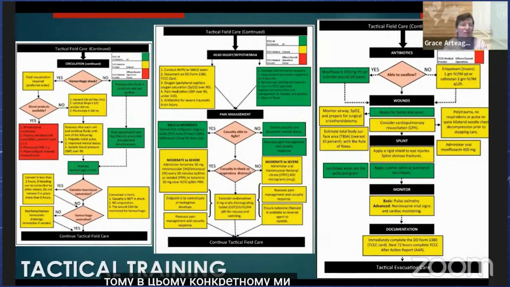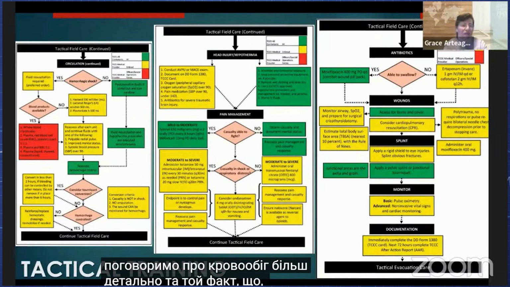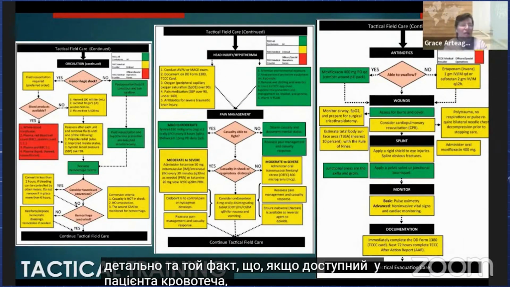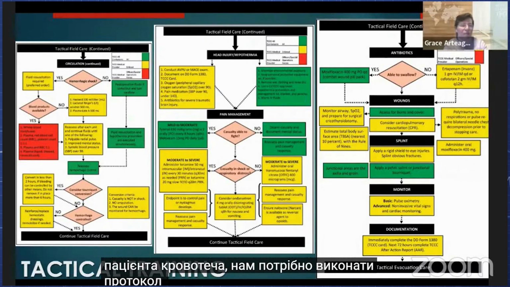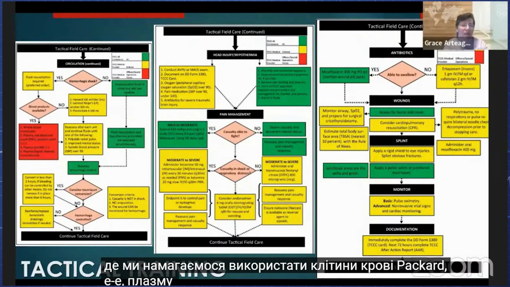So in this particular one, we just talk about the circulation in more detail and the fact that if available and the patient is bleeding, we need to do the 1-1-1 massive transfusion protocol, where we try to use packed red blood cells, plasma, and platelets.